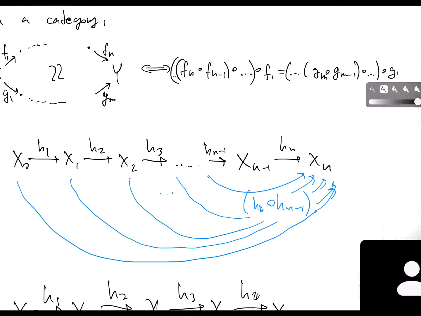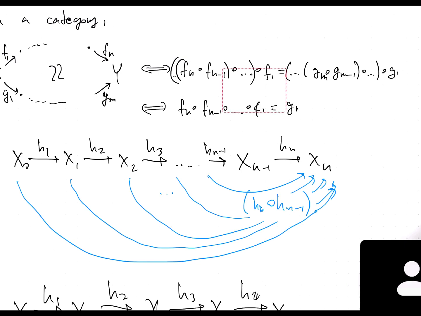So knowing that, I no longer have to worry about brackets when I write composites of morphisms, because the value of the expression is independent of how we put brackets. So we don't have to put the brackets at all. And then I could rewrite this as fn composed with fn minus 1 composed all the way, composed with f1 equals gm composed with gm minus 1 composed all the way, composed with g1.